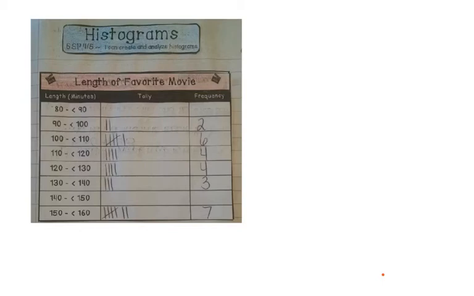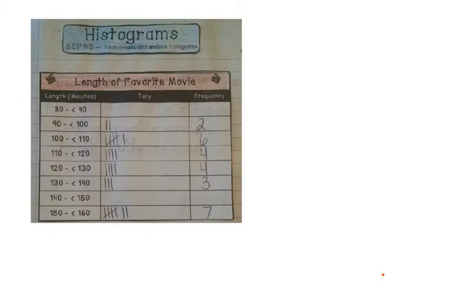And then 4 people said 110 minutes to less than 120 minutes. And then the next one, 120 minutes to less than 130 minutes, 4 people. And then 130 minutes to less than 140 minutes, 3 people. Nobody said 140 minutes to less than 150 minutes. And then 150 minutes to less than 160 minutes, 7 people said that one.